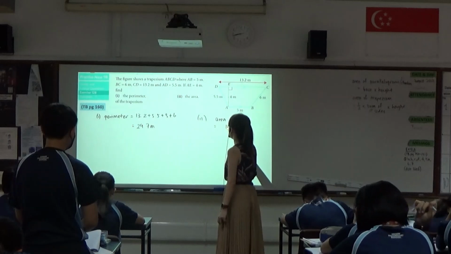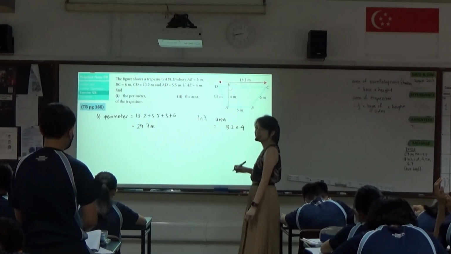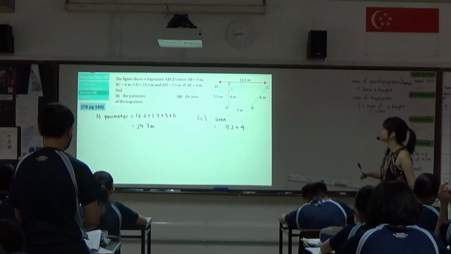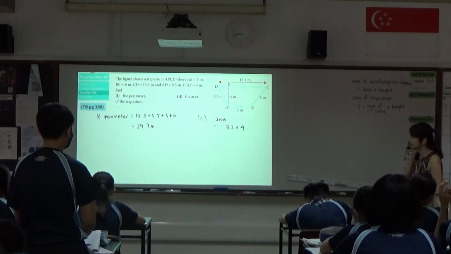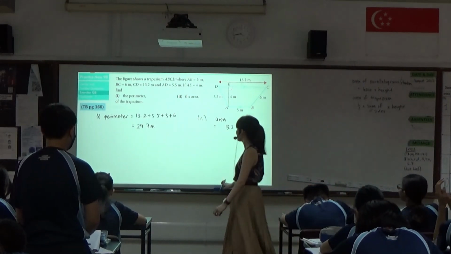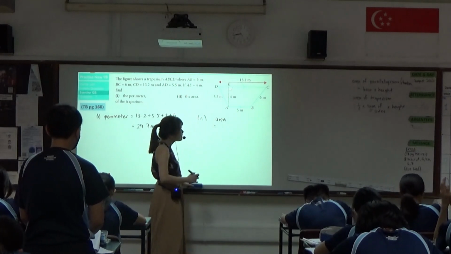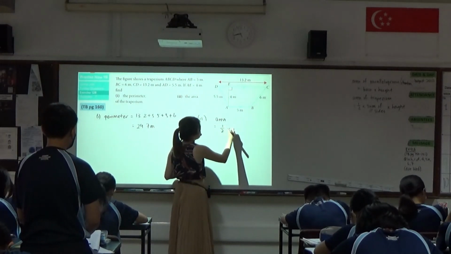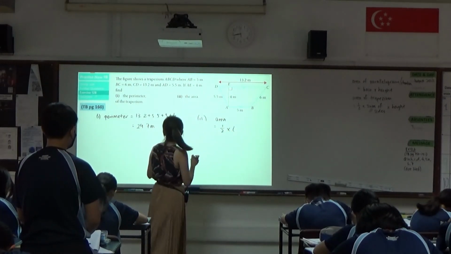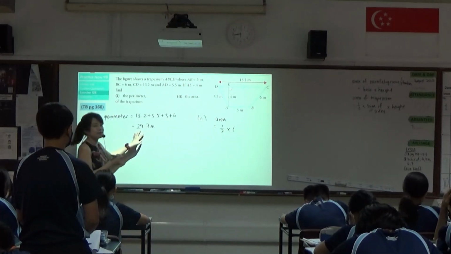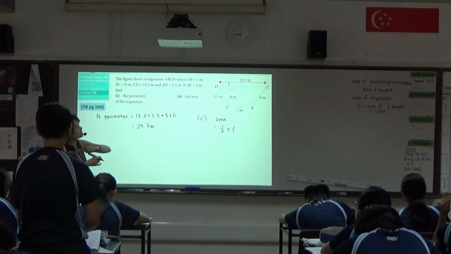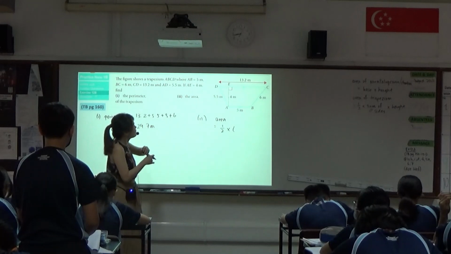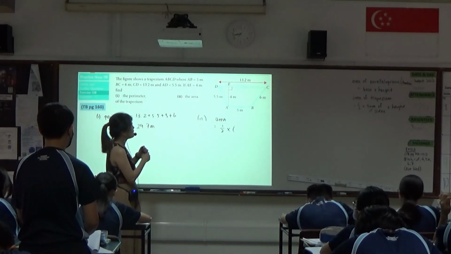13.2 times 4, you sure? This is a trapezium, you know. We have the formula here. Half times 29.7. Why 29.7 then? Where are your numbers coming from?